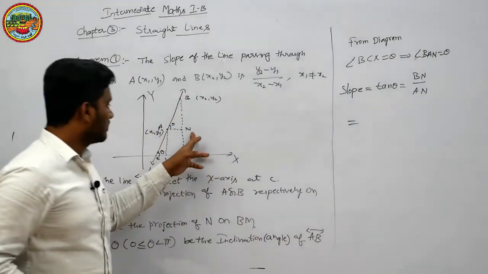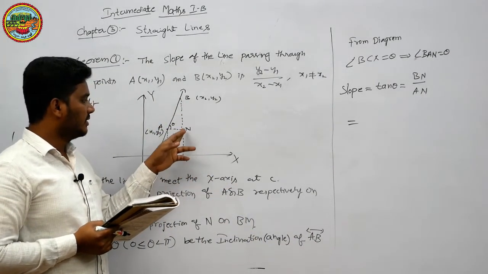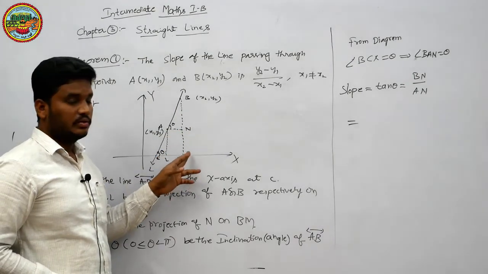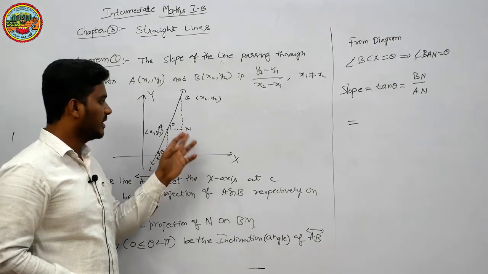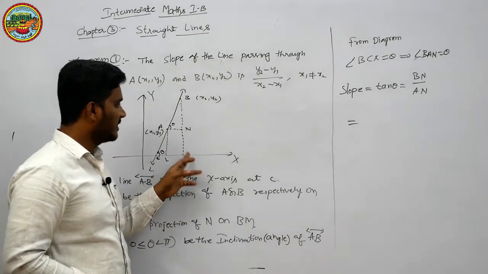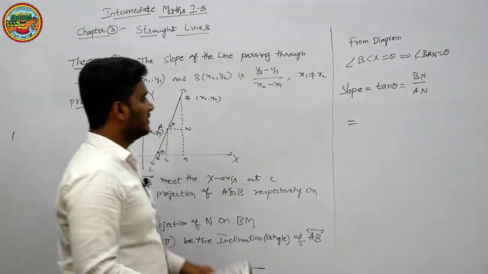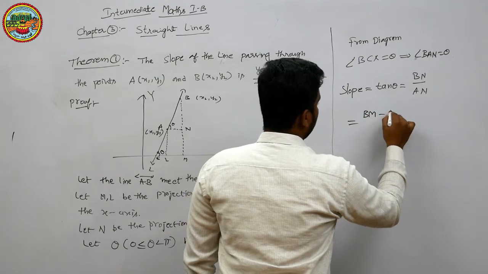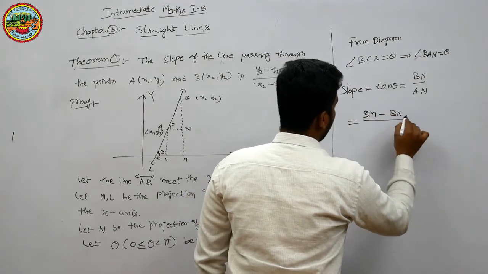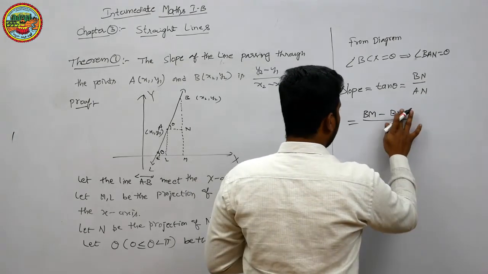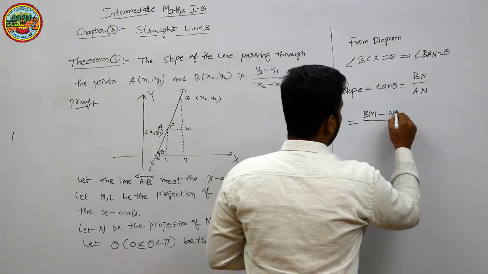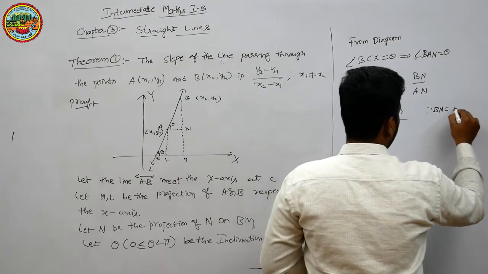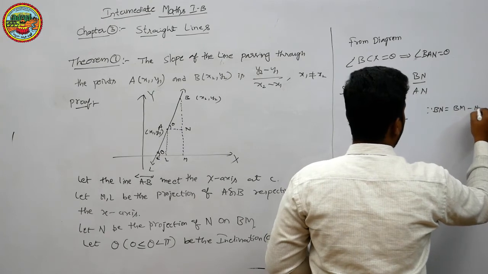BN is the part of the line BM, since N divides the line BM into two parts. So BN is equal to BM minus NM.